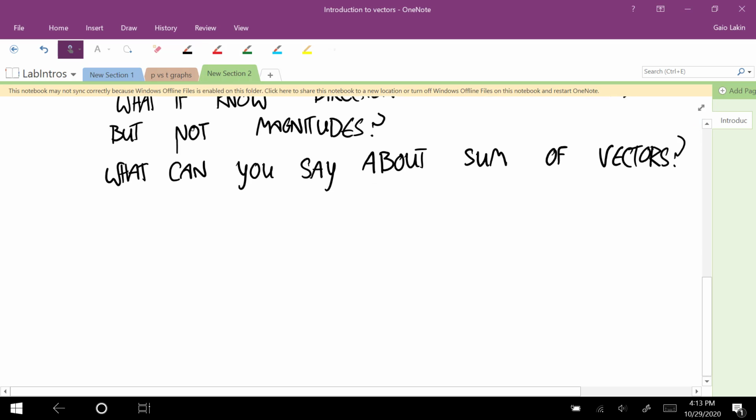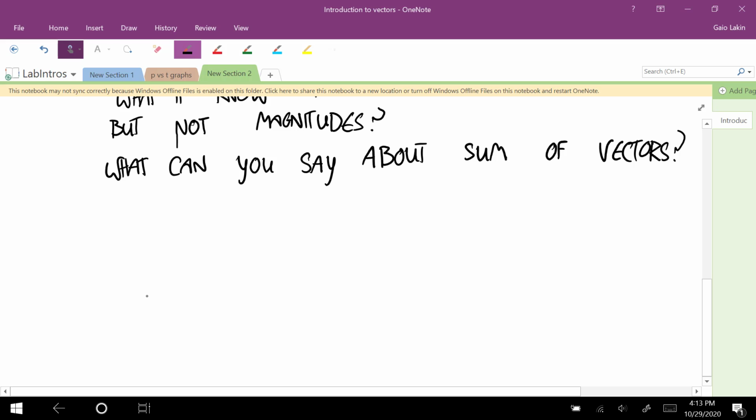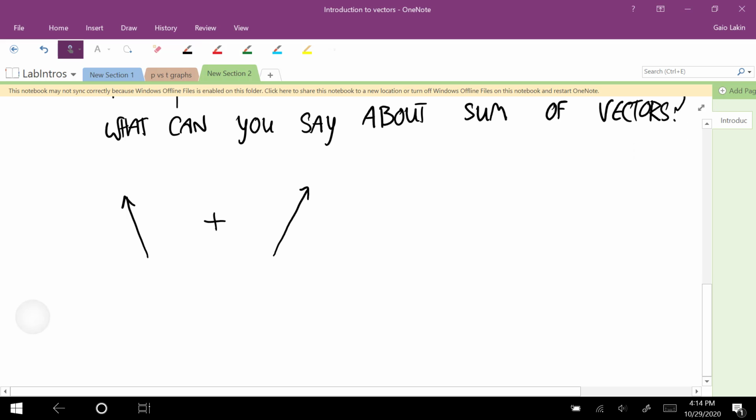Okay, so let's say that we're adding a vector in this direction to a vector in this direction, but we don't know the magnitude. So the one in this direction could be this, or it could be this, or it could be this, or it could be even littler than that.